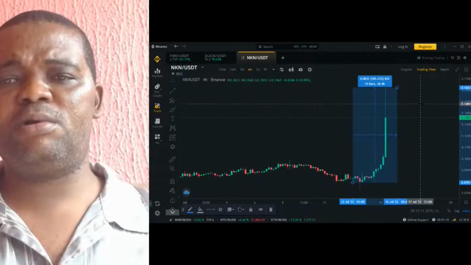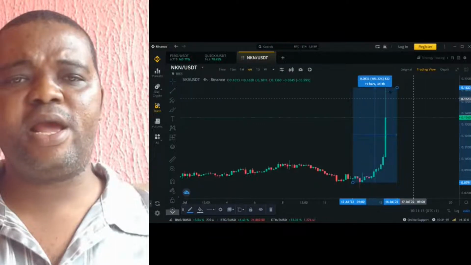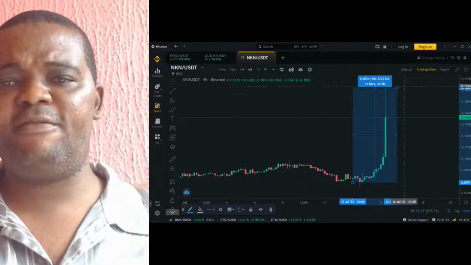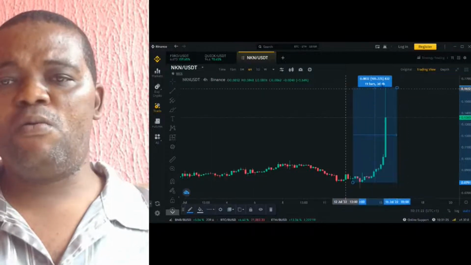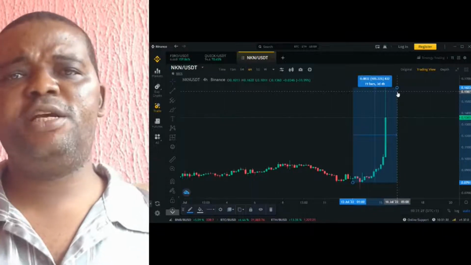So as you can see on the candlestick price chart data, the most current bullish trend section of the NKN USDT cryptocurrency pair bounced up by approximately 105% over the course of 3 days and 4 hours. The question is, how much money can you potentially make as profit going long on this bullish trend section?